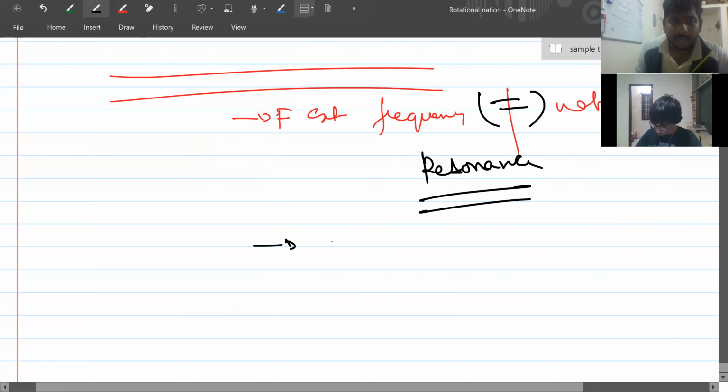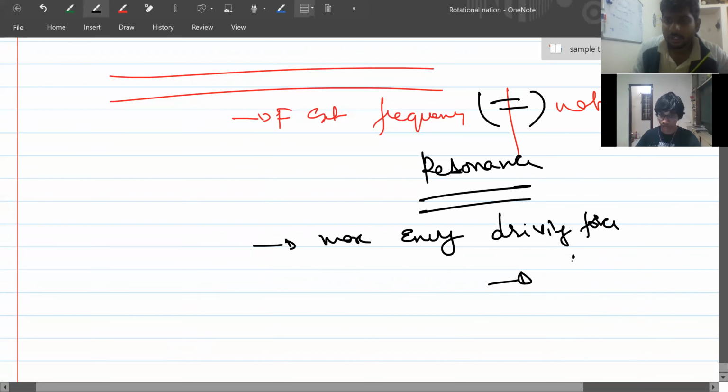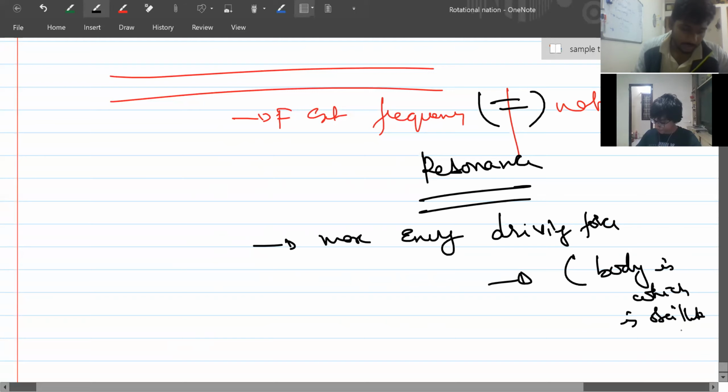In resonance, maximum energy is transferred from the driving force to our body, which is oscillating. Here, the amplitude will be maximum.